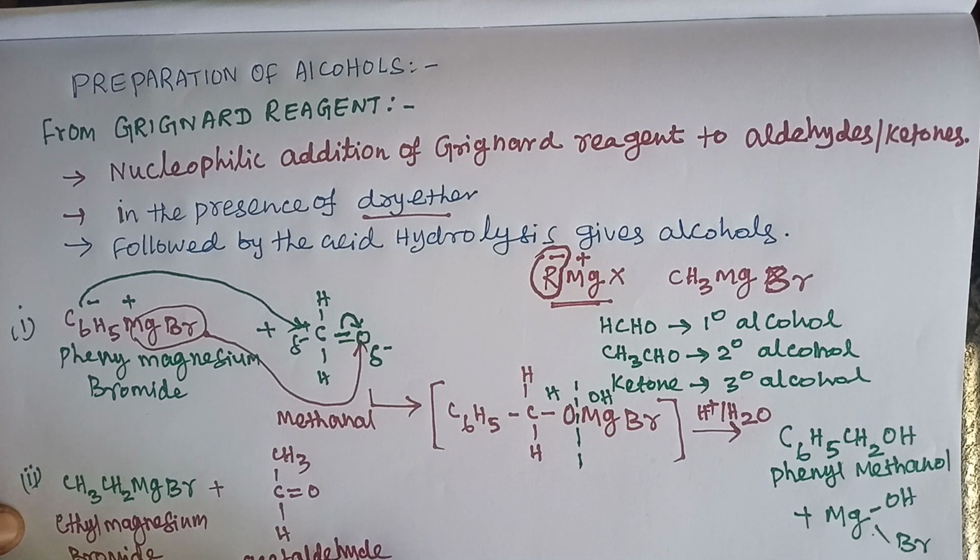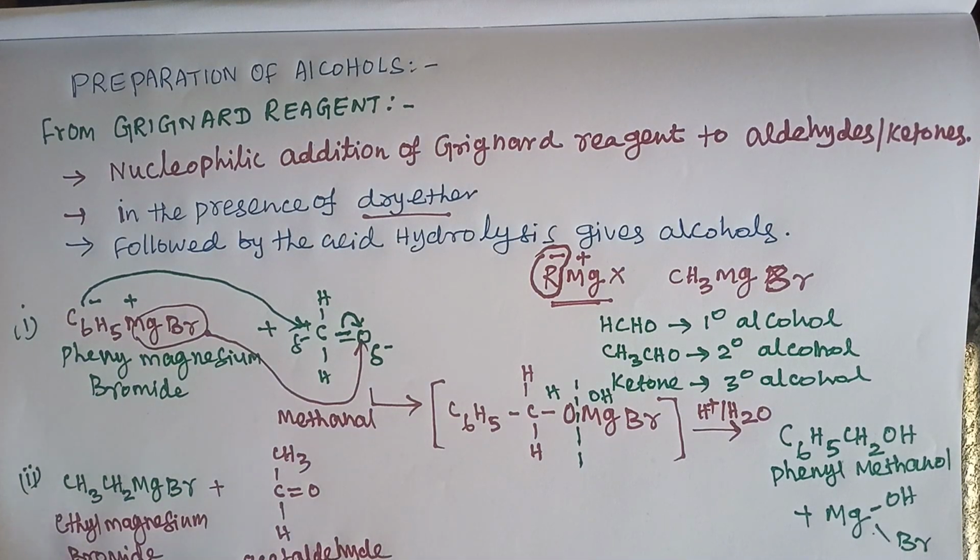This is an aldehyde. Here we are taking ethyl magnesium bromide. It reacts with this, and a nucleophilic addition reaction takes place. If we take acetaldehyde, it gives secondary alcohols.